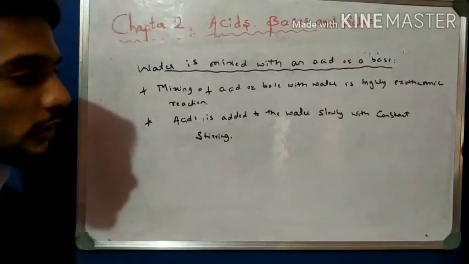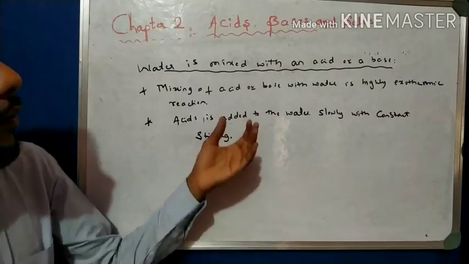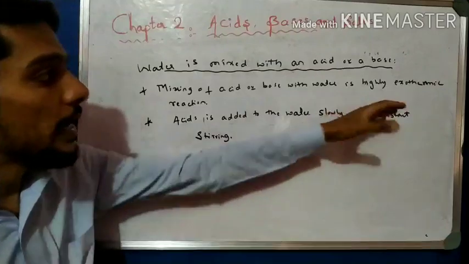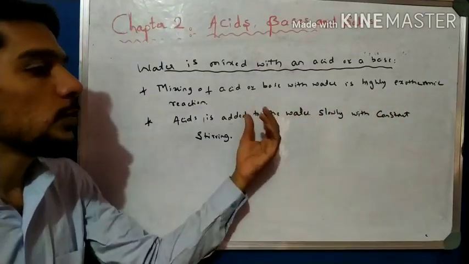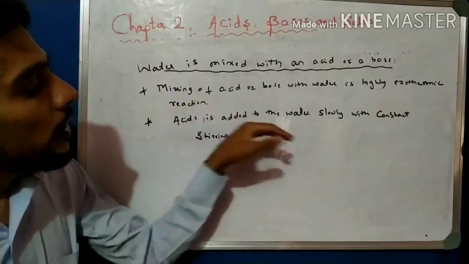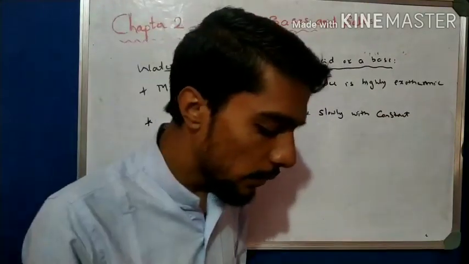This constant stirring, you have to mix the acid into the water, right? Not water to the acid, because of the highly exothermic reaction. If you reverse it, it is dangerous for life. So acids are added to the water. That is the very important method.